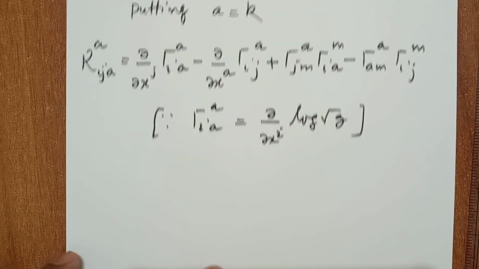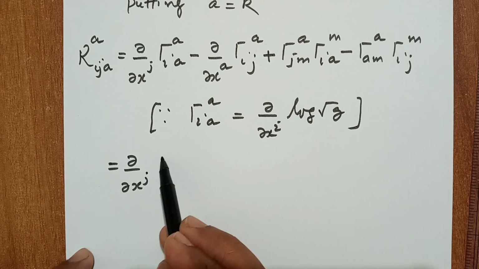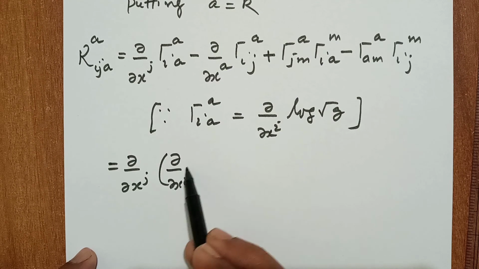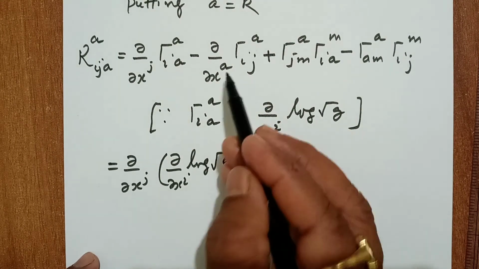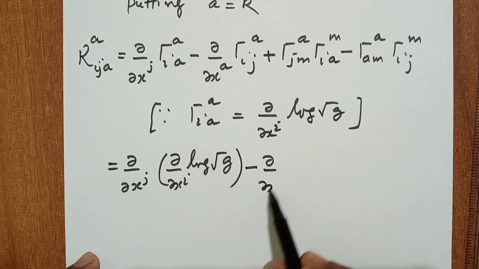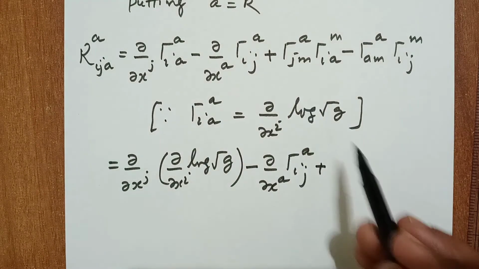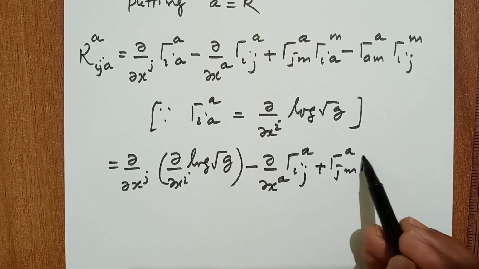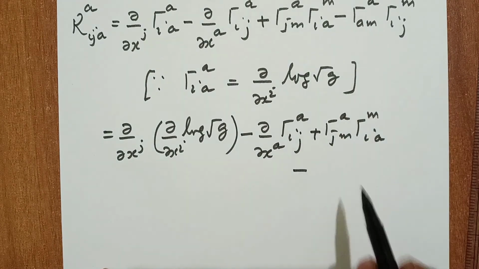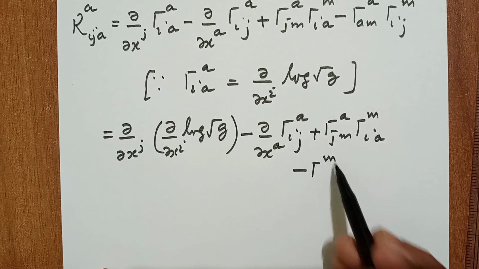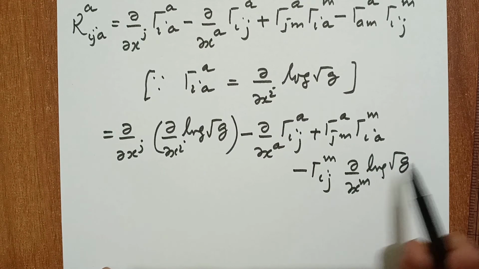So putting this property, this is equal to ∂/∂x^j ∂/∂x^i log root g minus ∂/∂x^a Γ^a_ij plus Γ^a_jm Γ^m_ia minus Γ^m_ij ∂/∂x^m log root g.